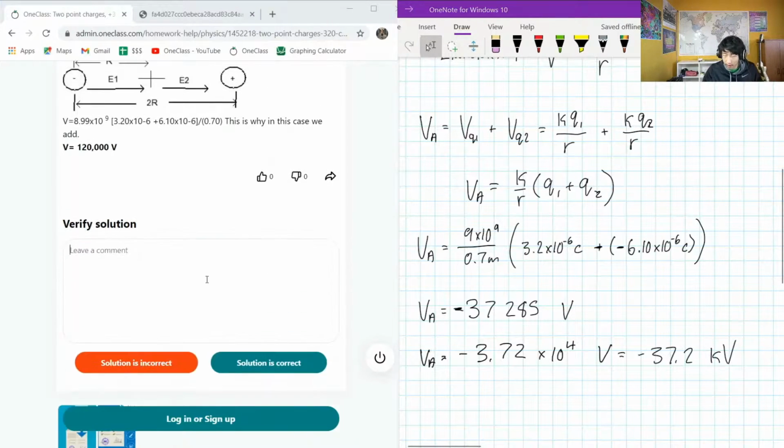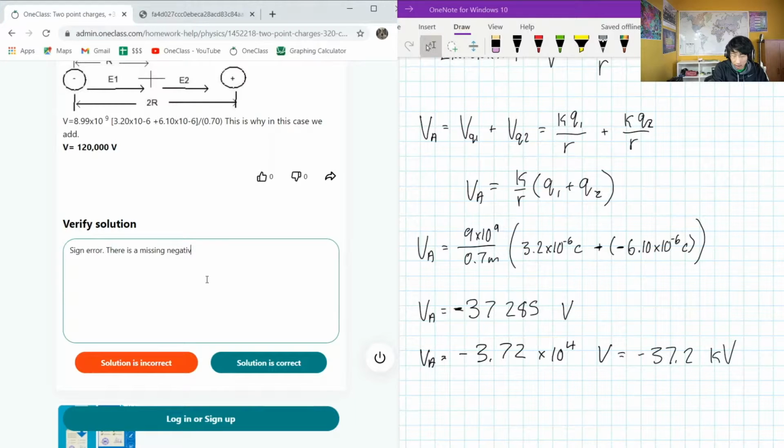I just got to mark the sign error, obviously, on the 6.1 microcoulomb charge, which makes the final calculation wrong.